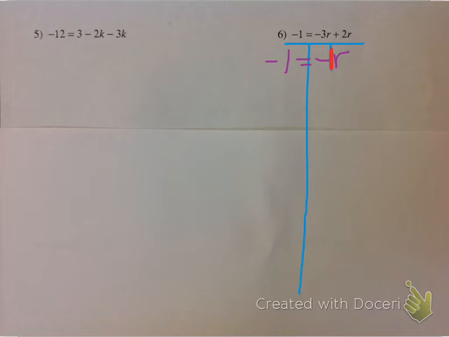So we're going to divide by the number that we need to change, and that's going to be a -1, because a negative divided by a negative is a positive, and that's going to give us our positive r. If you divide by -1 on one side, divide by -1 on the other, and what does that make? Just a plain old 1.